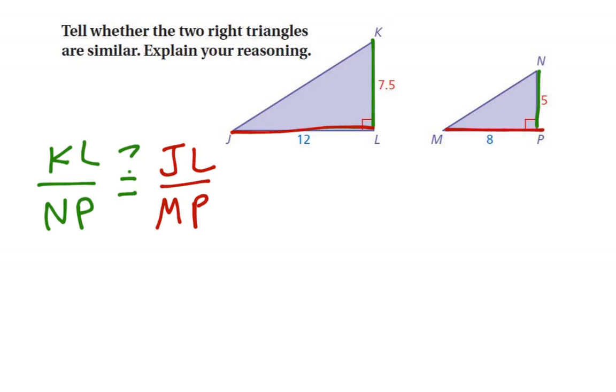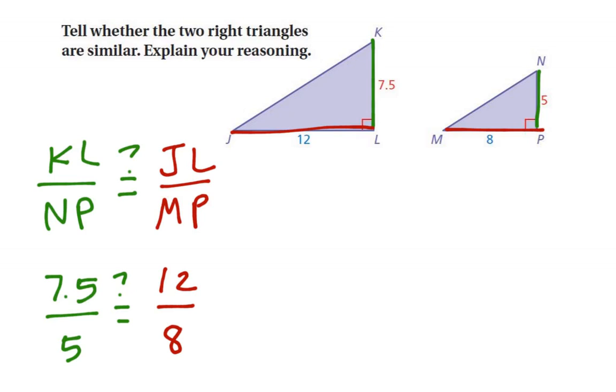Okay, let's insert numbers into our equation and see if it all works out. So going back to green, KL is 7.5 and NP is 5. And we're checking to see, does that really equal, I'm going back to red now, JL is 12 and MP is 8. Is that the same ratio? Well, I could do one of two methods.